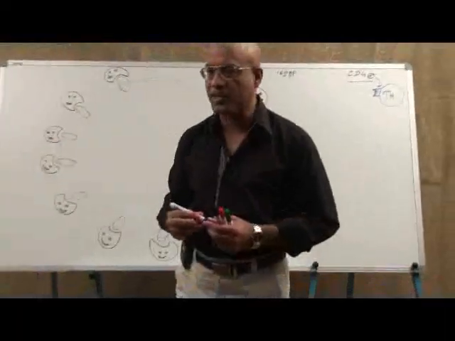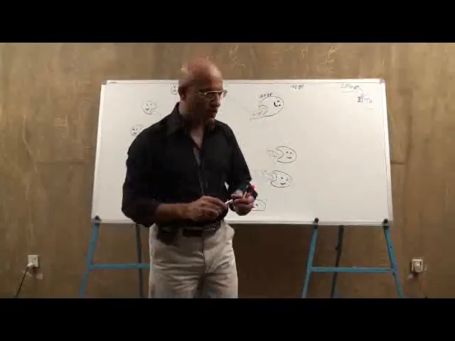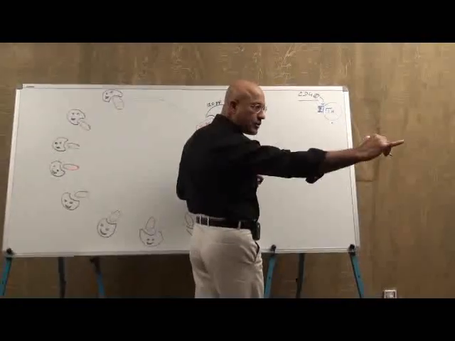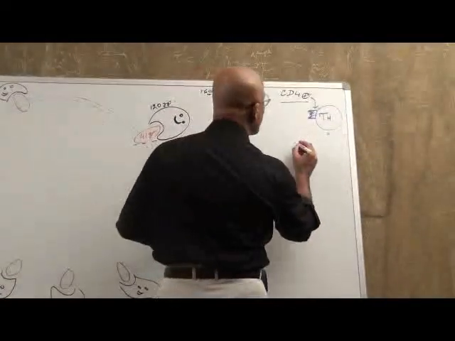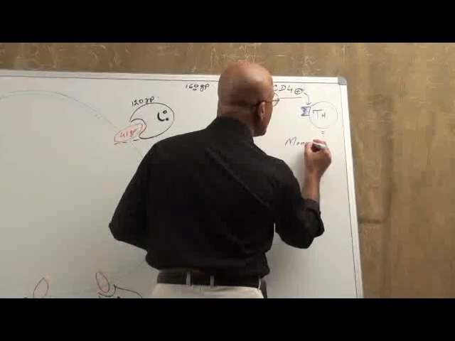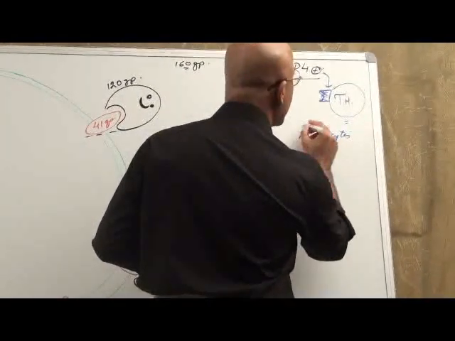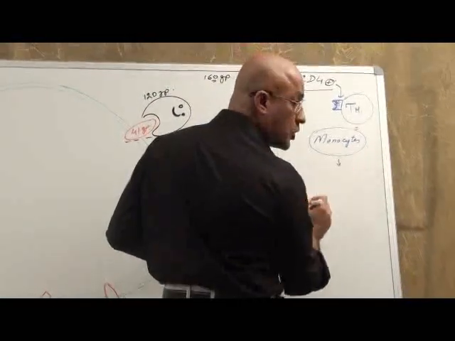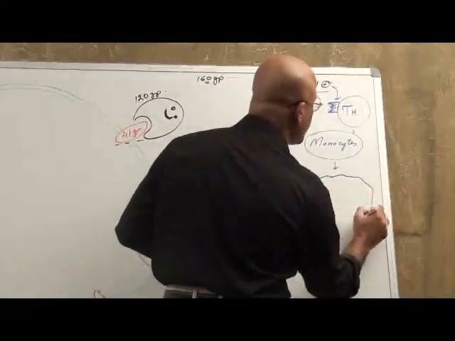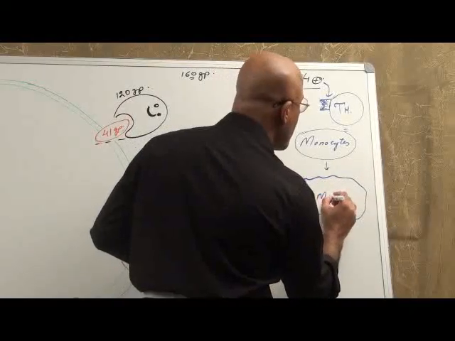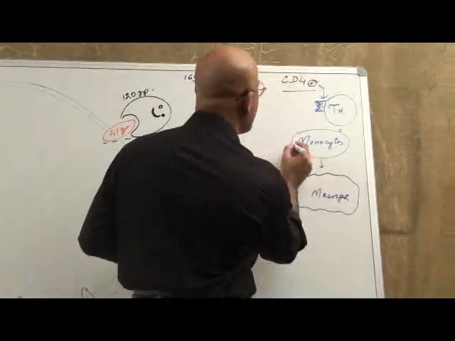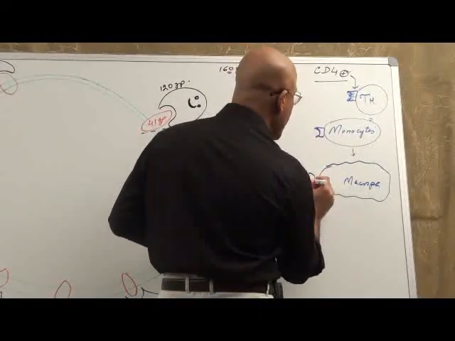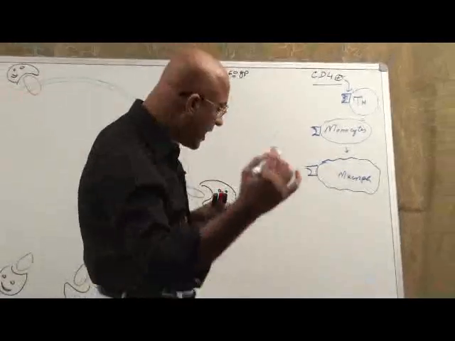Other CD4 positive cells, you will tell me. Number one, the T helper cell is CD4 positive. Then another CD4 positive cell is, very good, monocytes. Monocytes circulate in the blood. When monocytes enter into tissue and become activated, we call them macrophages. Monocytes and macrophages have CD4 molecules.